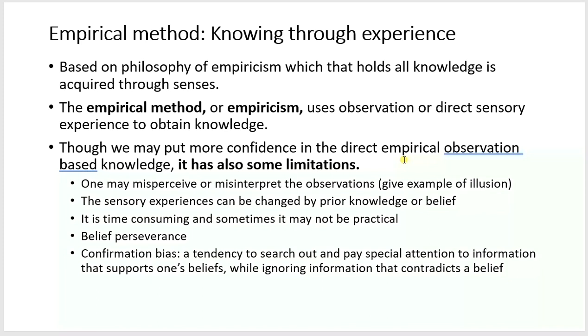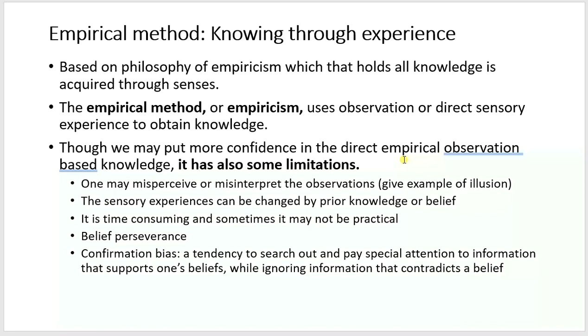Similarly, belief perseverance, when I say perseverance, means a repetitive belief. That repetitive belief is also likely to influence our empirical observations, and sometimes confirmation bias is also seen in this empirical method of knowing.